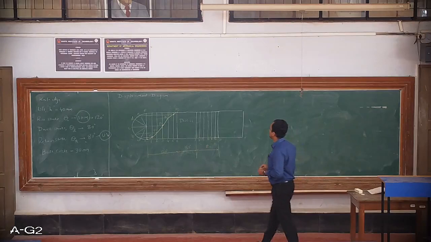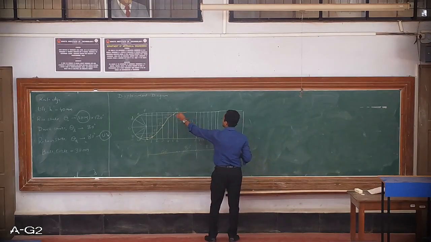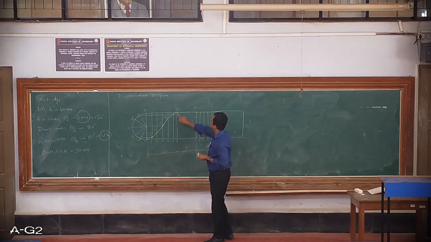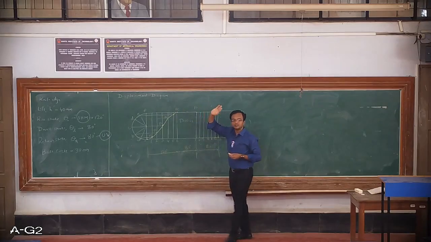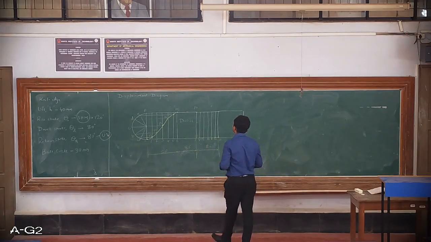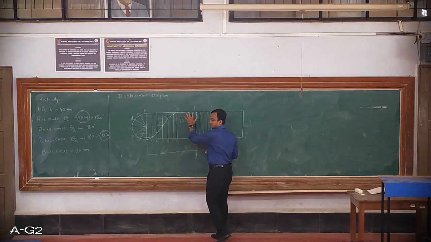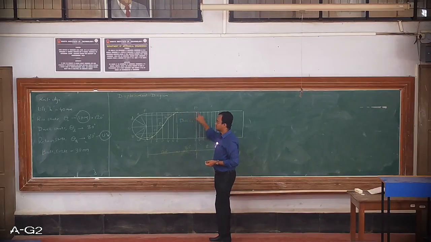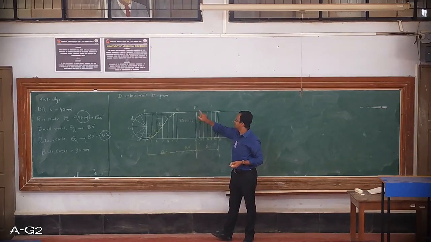It will have to move in a horizontal direction. So I can directly obtain P7 from P6 by drawing a horizontal line. Because it is a dwell period, there won't be any variation in the displacement of the follower. I hope this is clear. No variation in the displacement of the follower, hence it is a horizontal line up to P7.